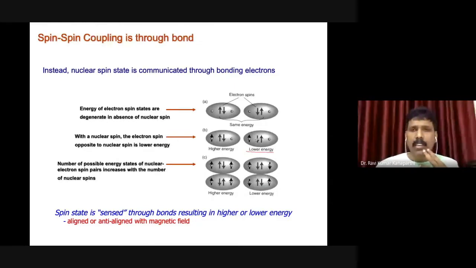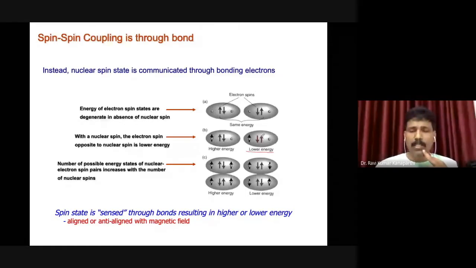If it is a half spin, the nucleus can be pointed upward or downward; it depends on how you take it, it doesn't matter. If the nucleus is half spin, then one of the bonding electrons close to it can be kept downward. And if it is downward, then in order to maintain the Pauli exclusion principle, the other electron has to be up.